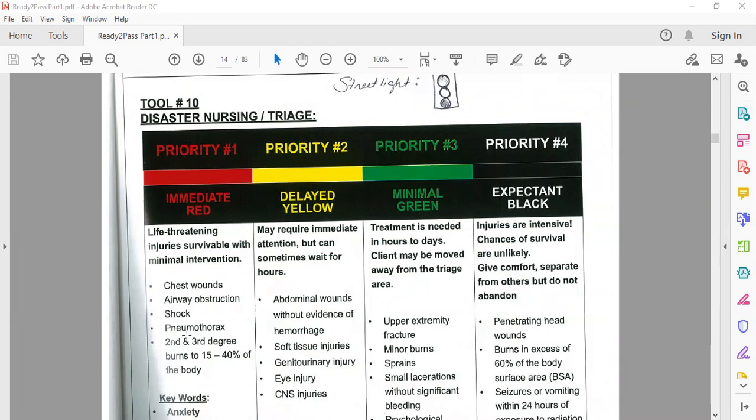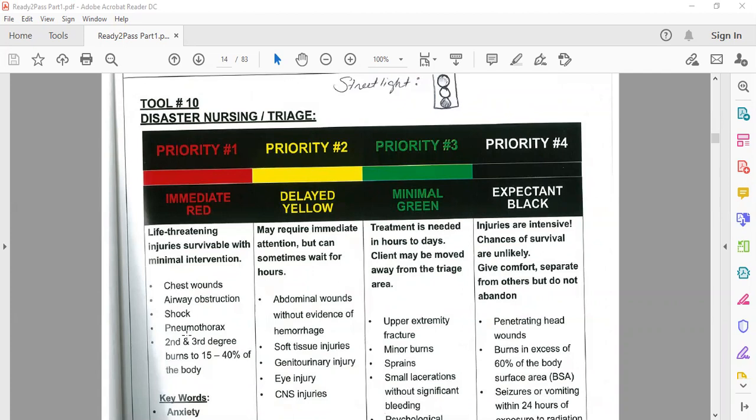So in class 2 or yellow tag, major injuries that require prompt treatment, like bone fracture, like a hip bone fracture. The patient has severe pain, but blood loss is important.